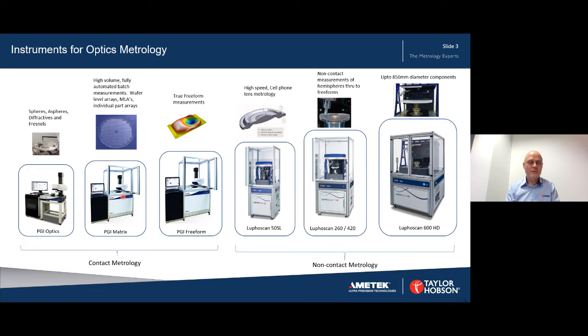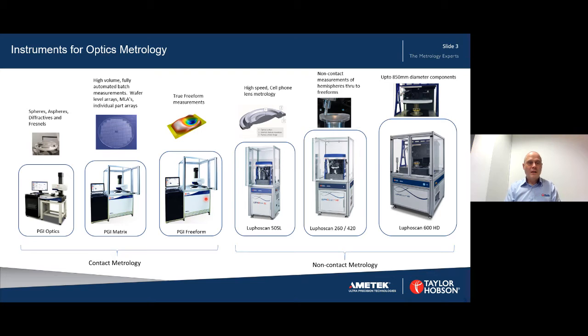So individual part arrays. Then we go on to the PGI Freeform, which is a very exciting instrument at the moment, and that builds again on the matrix and the optics, but we go one step further, and with the addition of a more advanced linear motor air bearing Y stage, we have the automated capability to actually do a raster scan over a component and generate a 3D surface for that component.